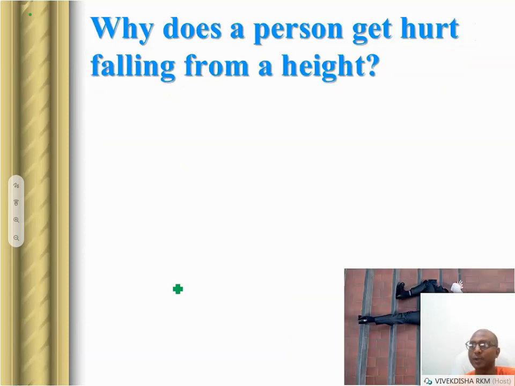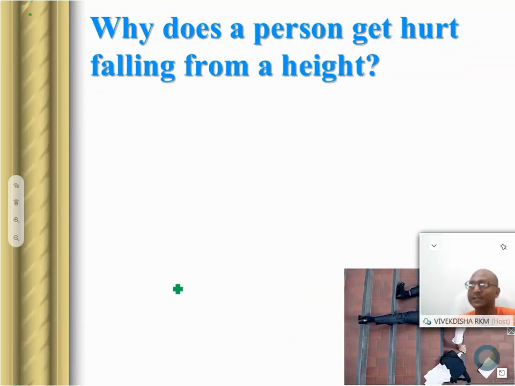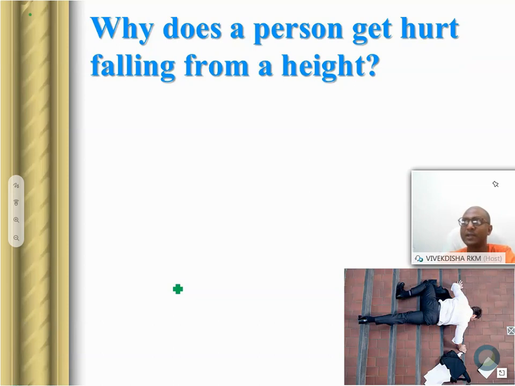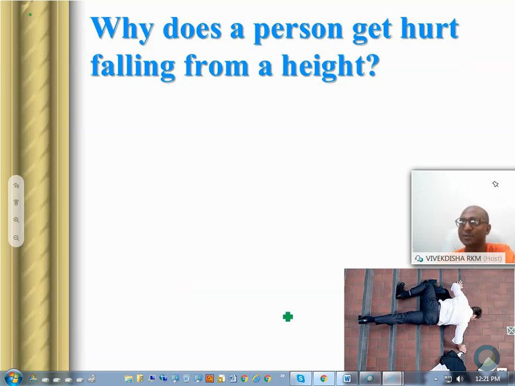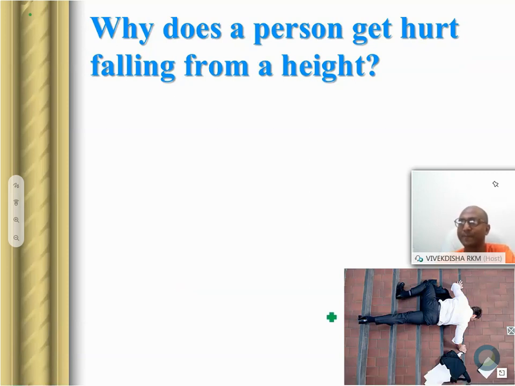I would also put another question. Look at the question and the picture. Why does a person get hurt falling from a height, especially on a cement floor or a staircase? Why is it so? We will also try to put the answer this way.